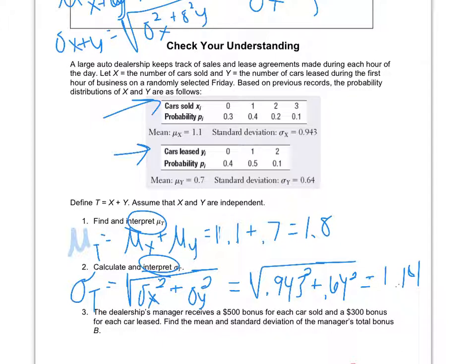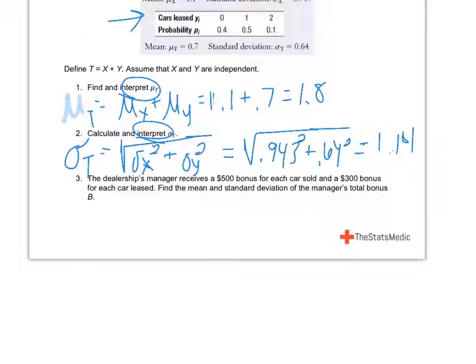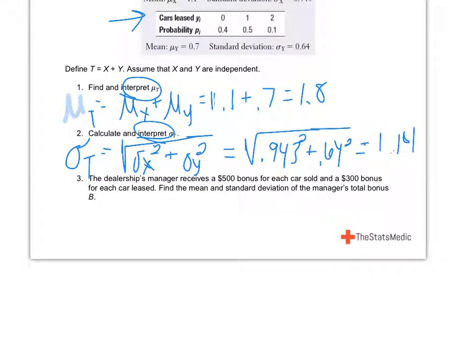Okay, and then looking down at number 3, the dealership manager receives a $500 bonus for each car sold and a $300 bonus for each car leased. Find the mean and standard deviation of the manager's total bonus B. So B will be the bonus for cars sold plus the bonus for cars that are leased.